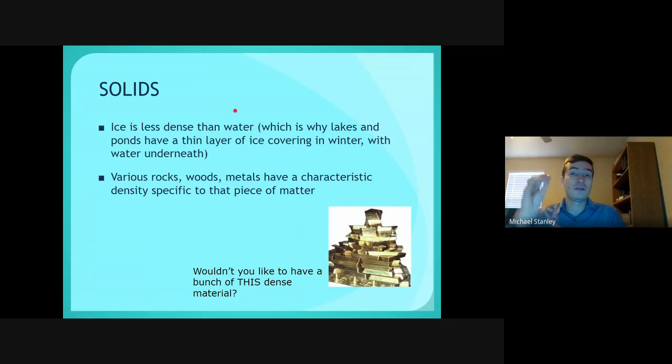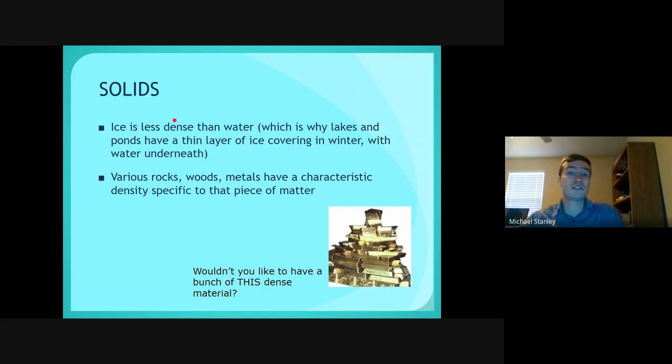Whenever you put ice cubes into your drink, the ice cubes float on the top of your water or your soda or whatever it is that you're drinking. And that's due to the lower density of ice. It's also why lakes and ponds freeze across the top, and then that ice doesn't sink down and kill everything underneath it.